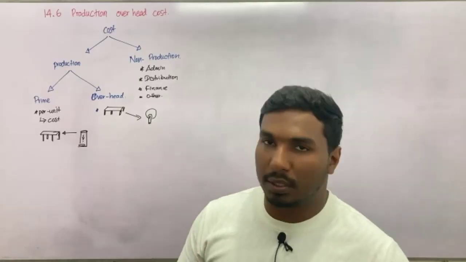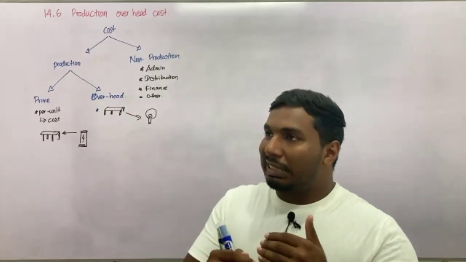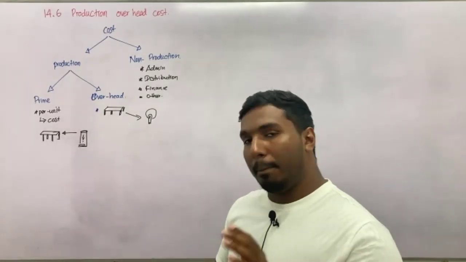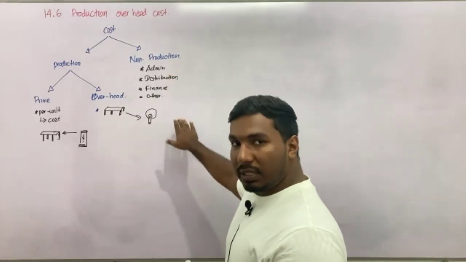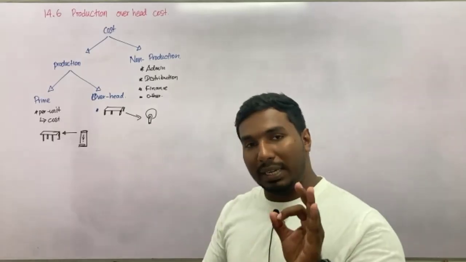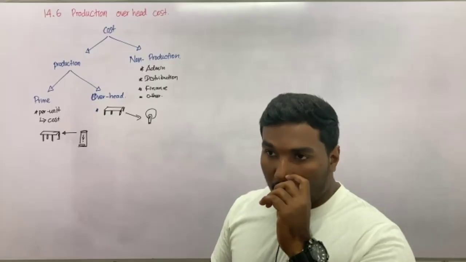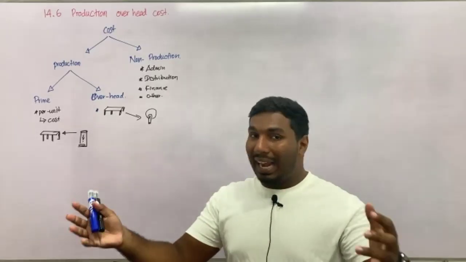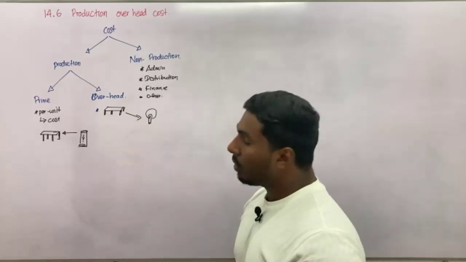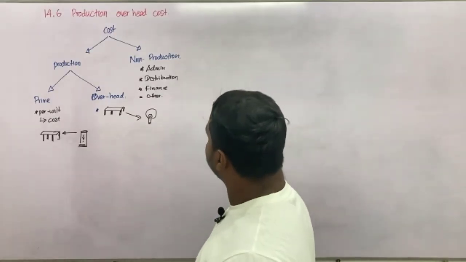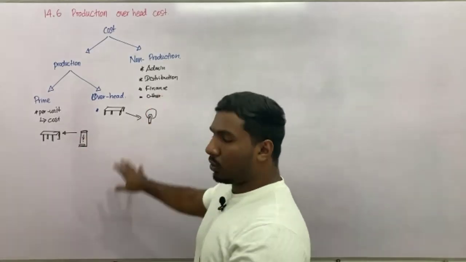I know you might get confused by these tricky terms, but be with me. When I do the examples and the questions, you will get a better understanding of these key terms and how the overhead is split, collected, and contributed per unit. This is the actual production cost.